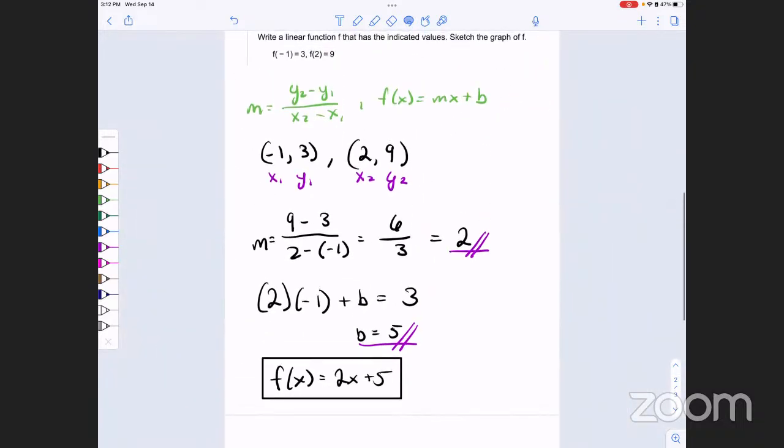Okay. So then notice when x is -1, we get 3. So the first one checks out. When x is 2, we get 9. So this one checks out as well. Okay. We got 2x plus 5.